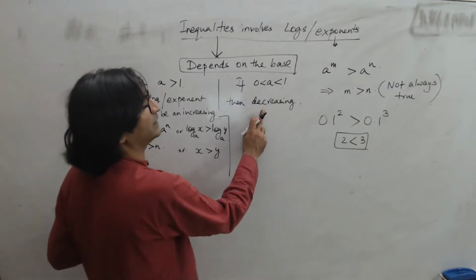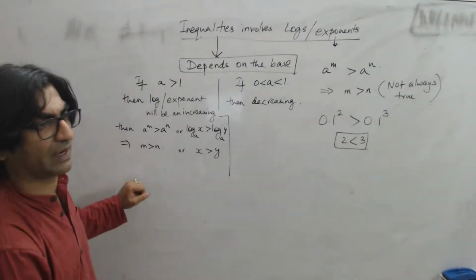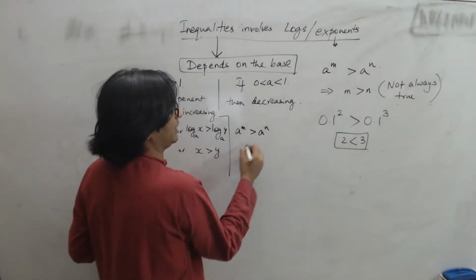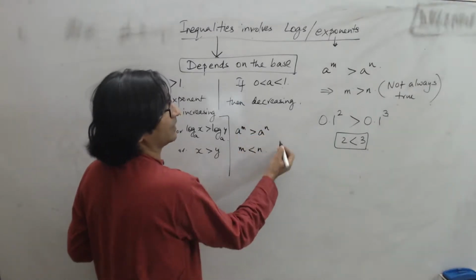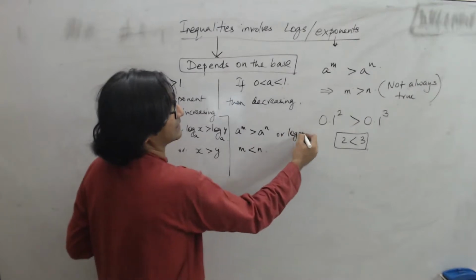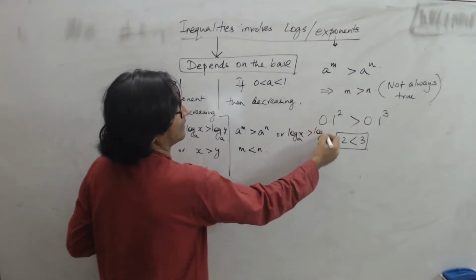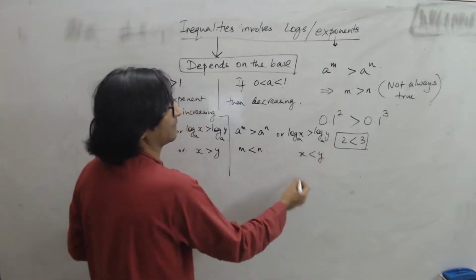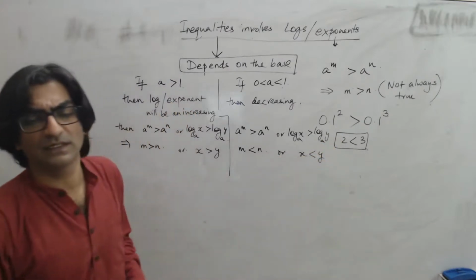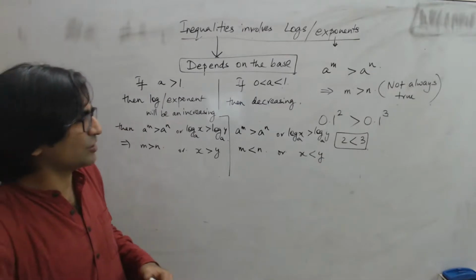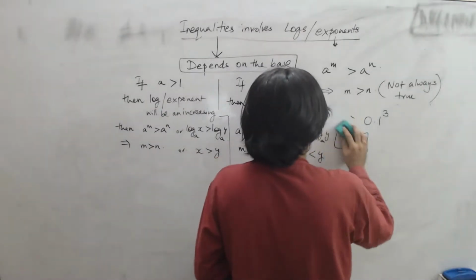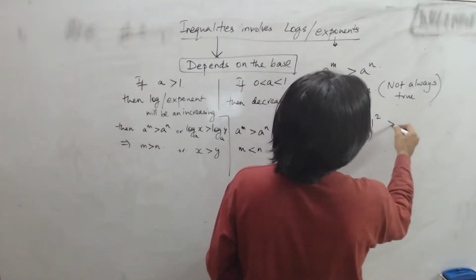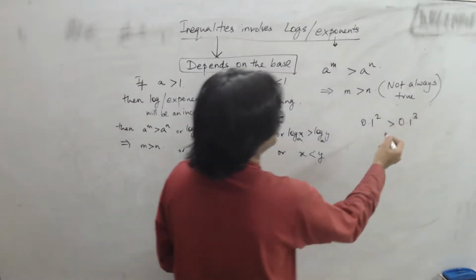On the other hand, if the base is decreasing, the base lies between 0 and 1, then a power m greater than a power n means m is less than n. Or if log of x is greater than log of y, then x is smaller than y. So it's not so intuitively obvious, but if ever you get confused, look at that example.